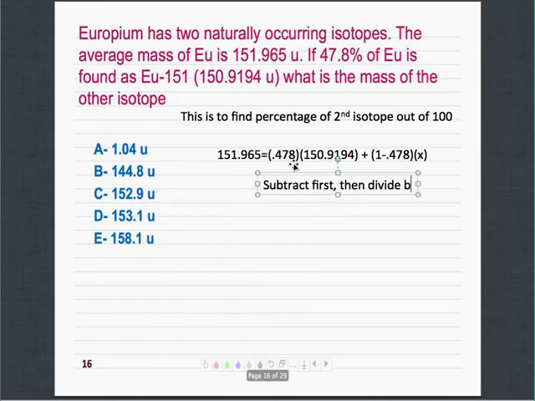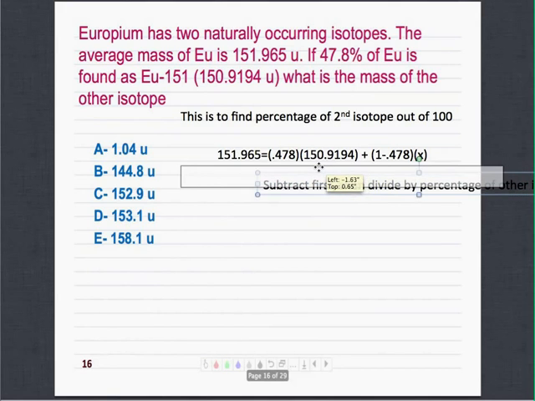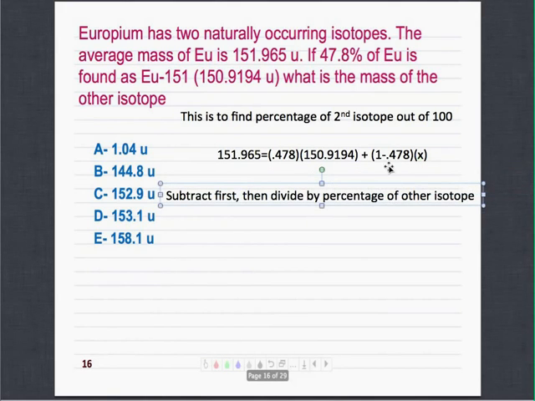The percentage abundance of Eu1 is 47.8. Therefore, the percentage abundance of Eu2, since we have only two isotopes, is 100 minus 47.8%.